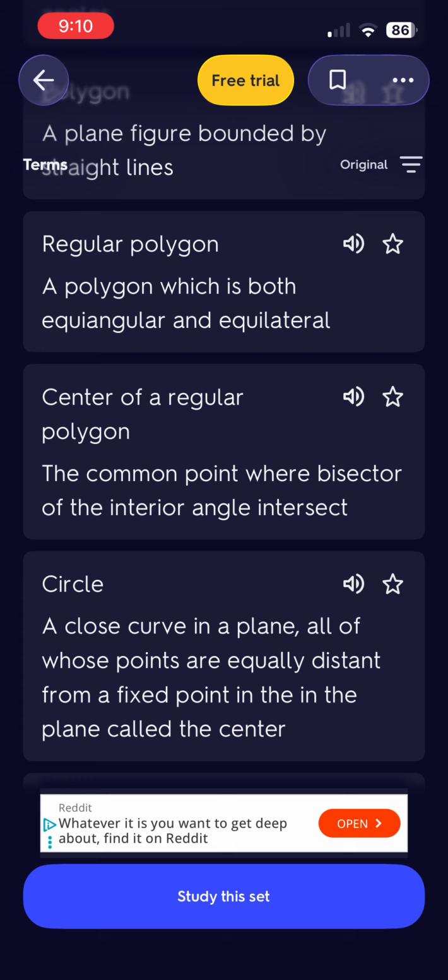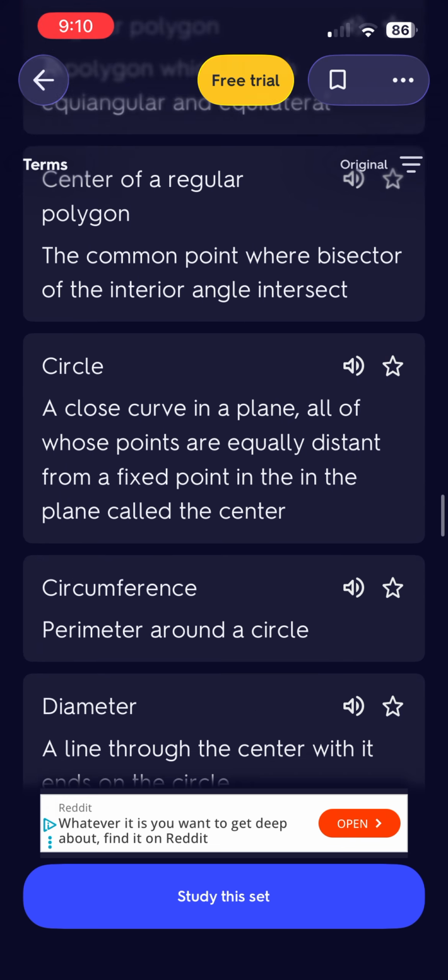Center of a regular polygon. The common point where the bisectors of the interior angles intersect. Circle. A closed curve in a plane, all of whose points are equally distant from a fixed point in the plane called the center. Circumference.